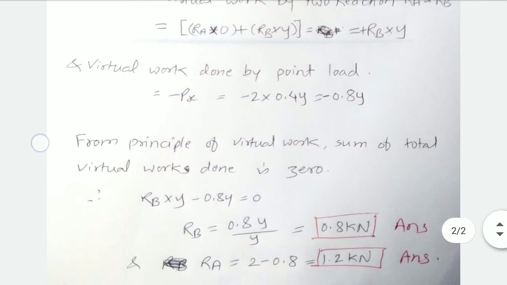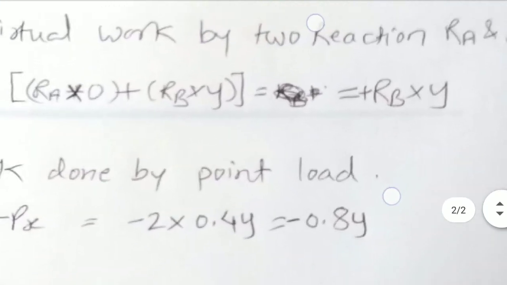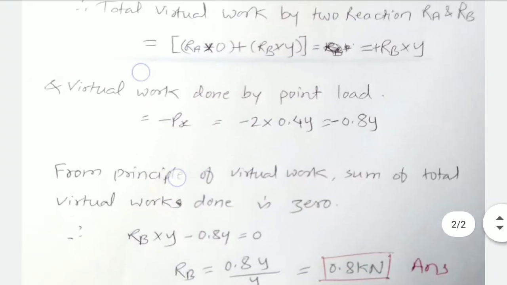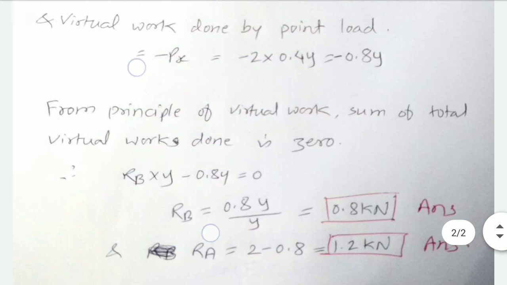From the principle of virtual work, the sum of the total virtual work is 0. Therefore, the sum of the upward and downward virtual work will be 0. So RB into Y, positive, minus 0.8Y from the point load, is equal to 0.